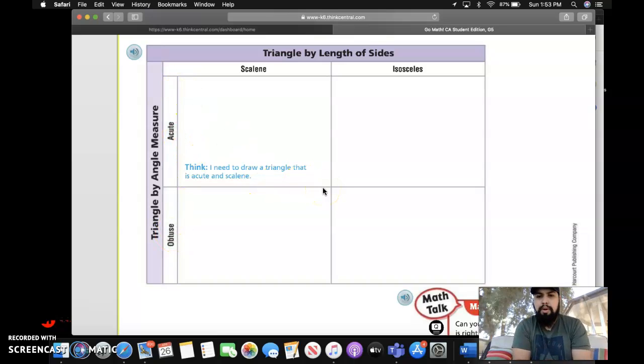Go ahead and pause the video if you need to get paper and a pencil, and draw this out really quick, and try to draw a triangle in each of these. It has to be scalene and acute for this one, scalene and obtuse, isosceles and acute for this one, and then isosceles and obtuse.